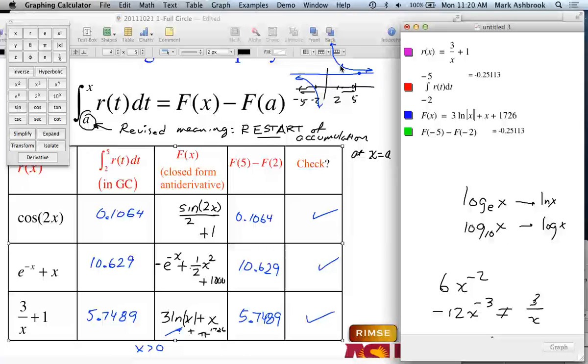Yeah, it's something to do with that. You're on the good track there. So you're saying the accumulation from -5 to -2 is the same as the accumulation from 5 backwards to 2. It makes sense. I'm glad it does.